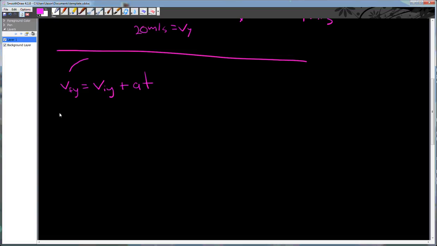So this is going to be 0 meters per second. It's a beautiful M I just made. Equals our original y velocity, which was 20 meters a second, plus negative 9.8 meters per second squared times our time. And so essentially what we're solving for here is how long does it take our y velocity to slow down to 0.